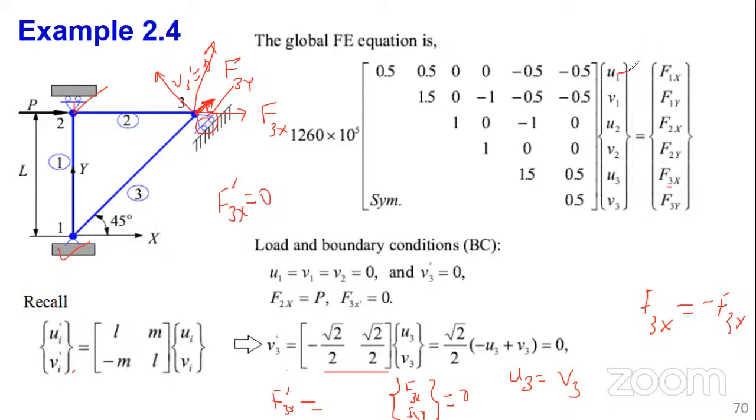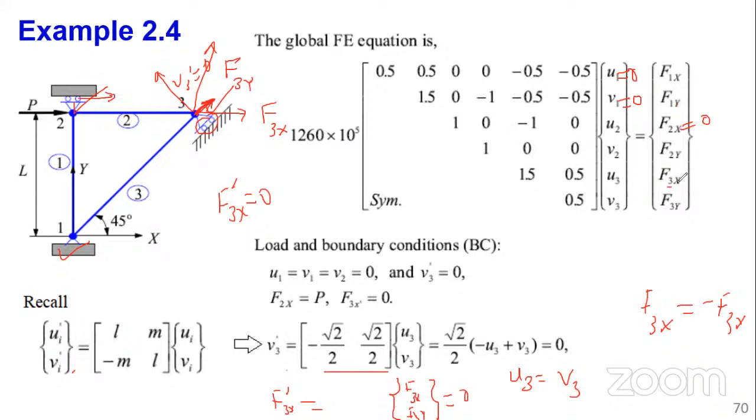So we had already said from inspection, U1 is 0, V1 is 0, F1 is a value, there is a reaction. F2x is 0 because of this roller.